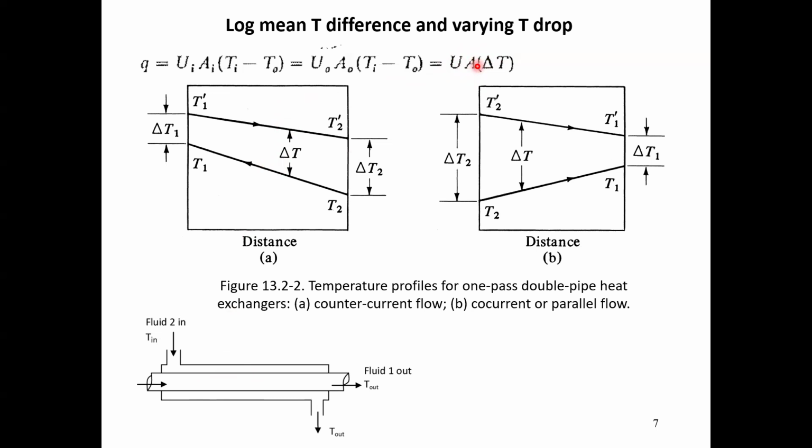That's where log mean temperature difference comes into the picture, because your delta T is not constant across the double pipe heat exchanger.